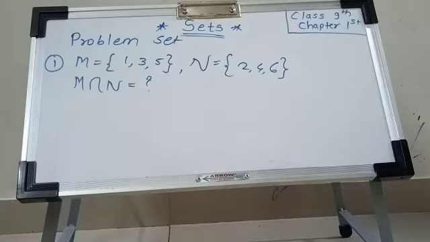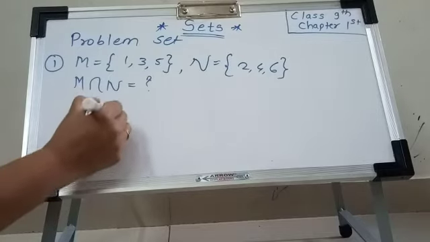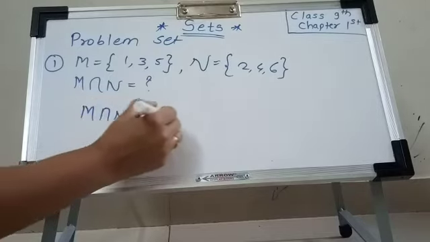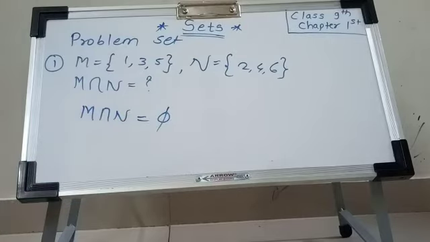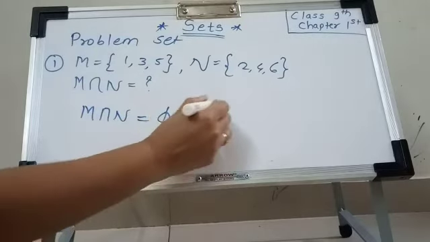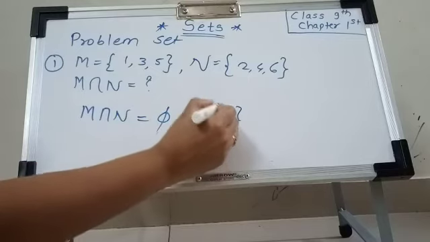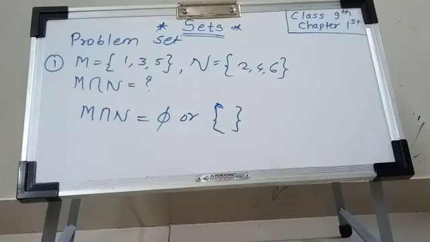M set has elements 1, 3, 5 and N set has 2, 4, 6. Here there is no common element in both sets. Hence our answer, M intersection N, is the null set. No element is common.